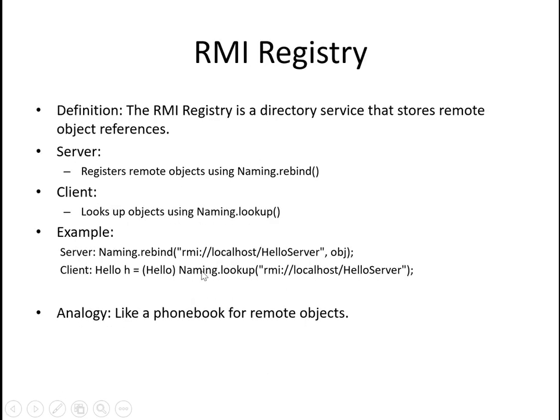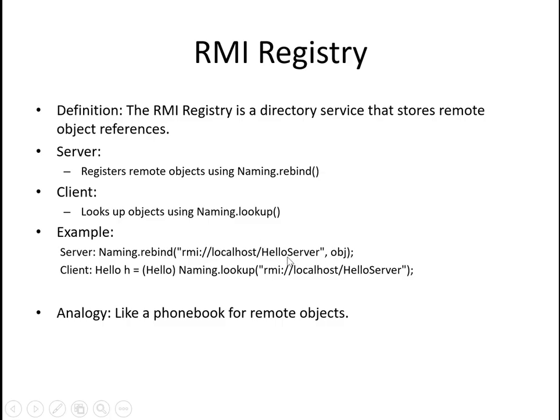Here is the example. In order to implement this RMI registry, the server registers an object. Look at this line, which tells the Java registry: save my object with the name hello server.